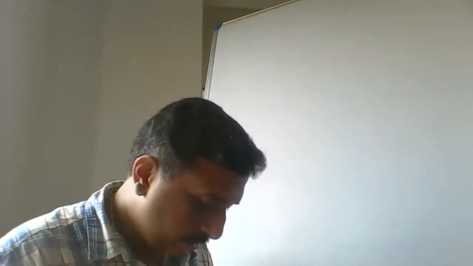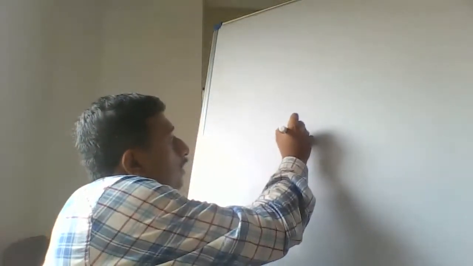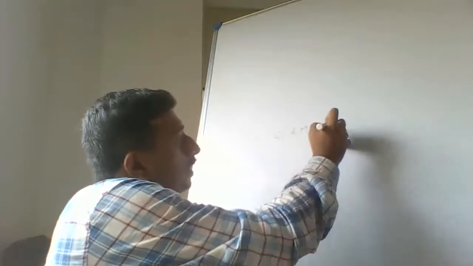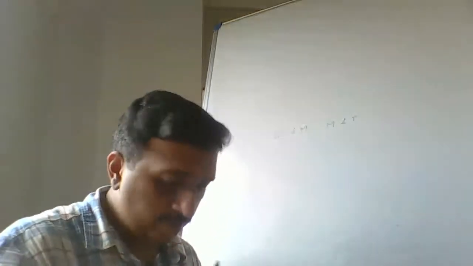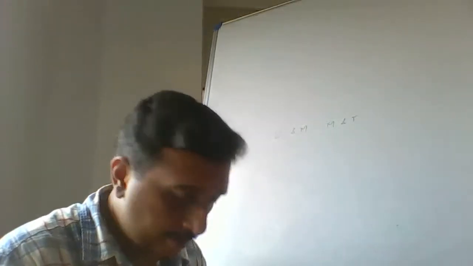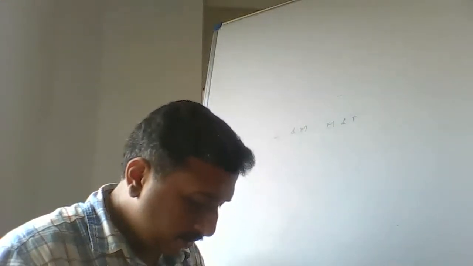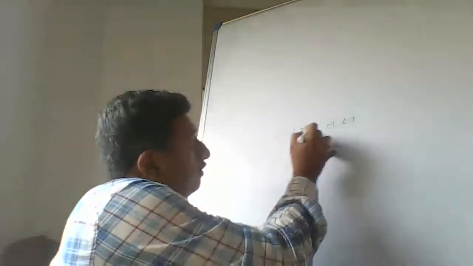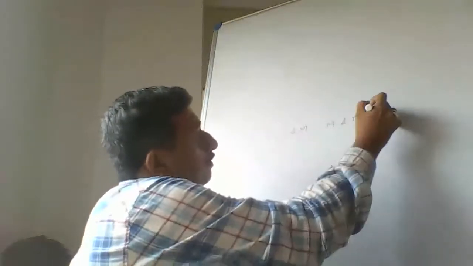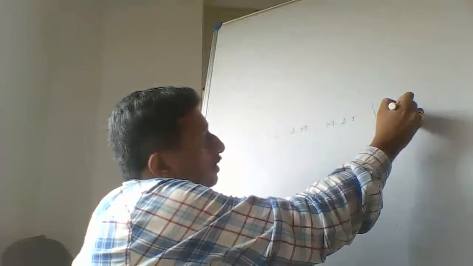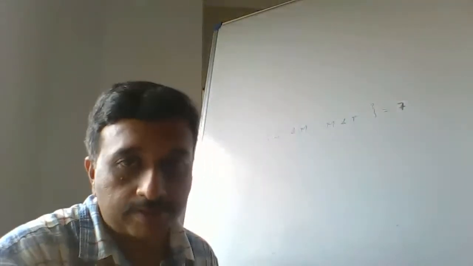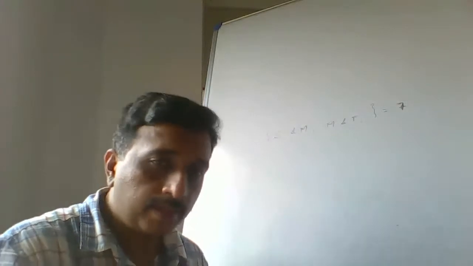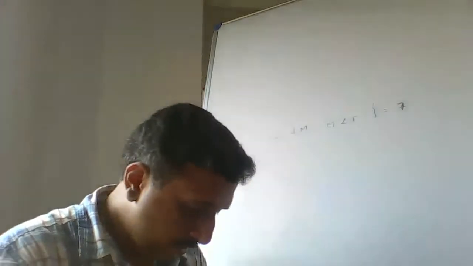We have Sunday and Monday, again Monday and Tuesday, and so on. You have these 2 days like that, and the total number of such pairs is 7: Sunday-Monday, Monday-Tuesday, and so on.